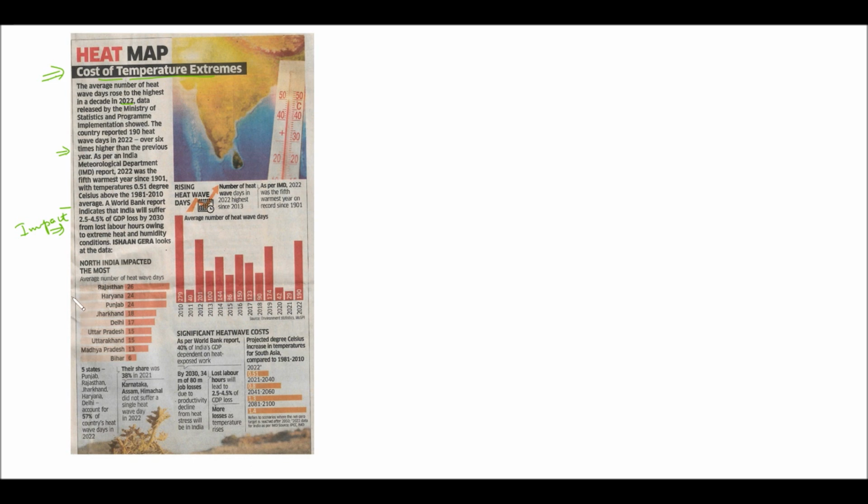Now there are some statistics here of each of the states, like which are the states which are the most impacted and how many average number of heat wave days have these states received. So as it says, what is the significant heat wave cost? As per the World Bank report, 40% of India's GDP is dependent on heat exposed work, and by 2030, 34 million of 80 million job losses due to productivity decline from heat stress will be in India.